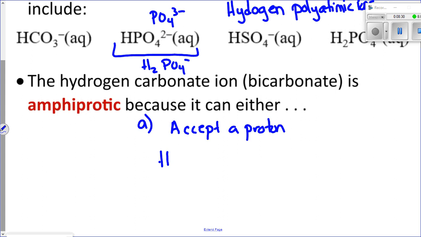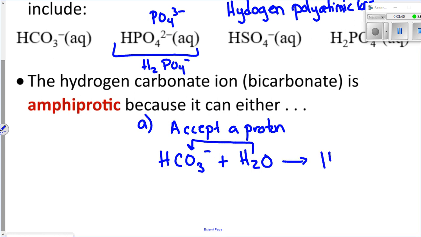So if I have HCO3- and I react it with water, water could donate a proton to it, giving me H2CO3. I guess it wouldn't be minus anymore, it would be neutral now. And I would have hydroxide in solution. So this would be it acting as a base, so it's accepting a proton.